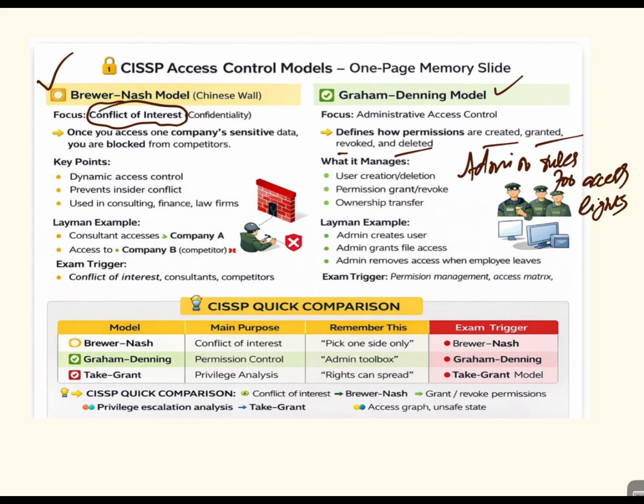Another important model is the take-grant model. In fact, it analyzes how rights spread, privilege escalation analysis.